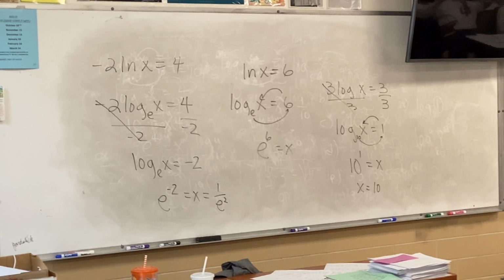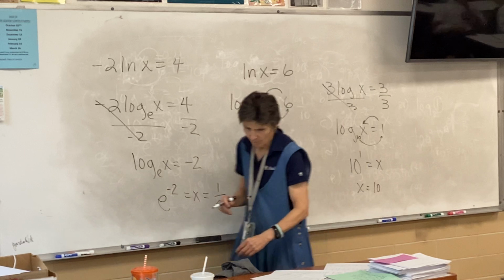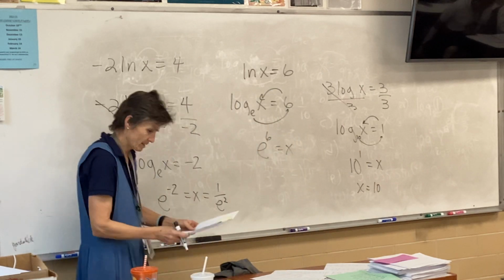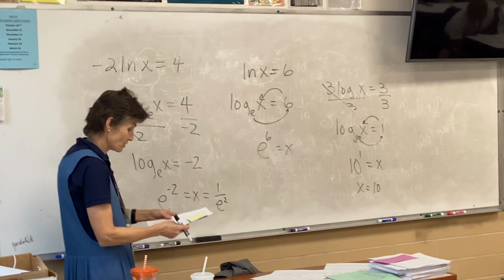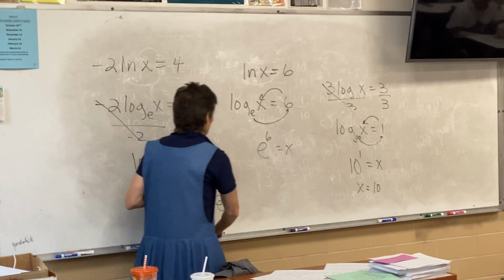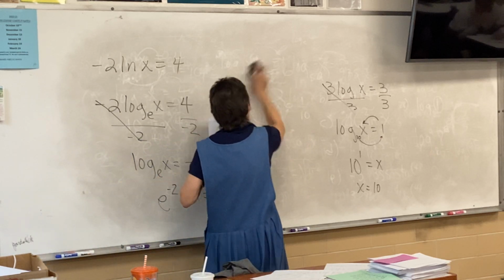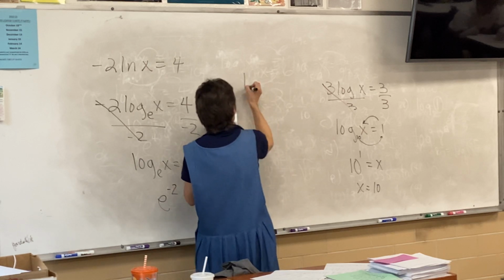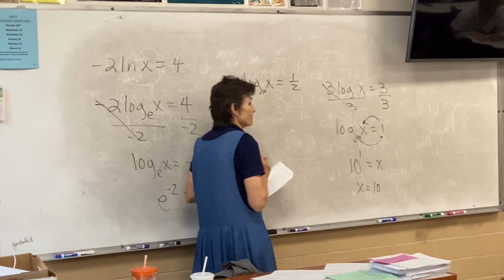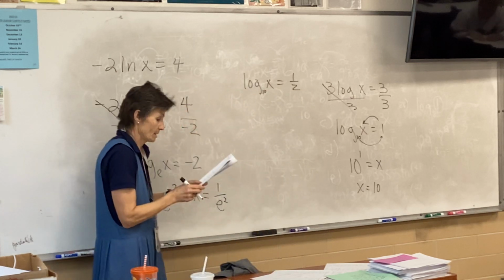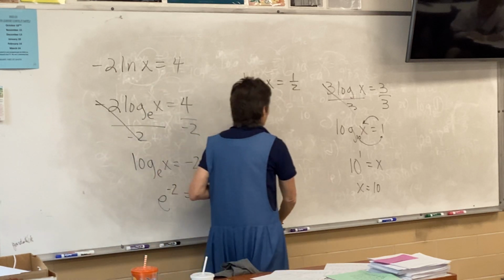Good. Okay. Now, what's next? Where am I? I'm on number H. Ready for H? All right, so what am I gonna do with letter H? Well, we're back to a log. So I'm gonna slip a 10 in there. And then I'm gonna rewrite it.